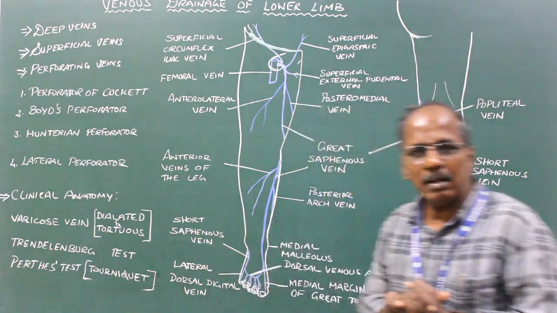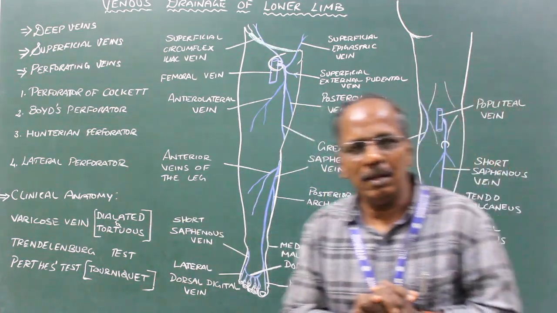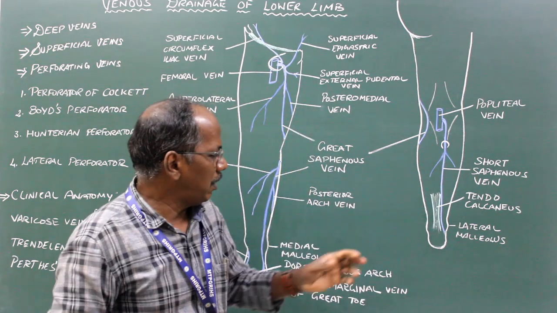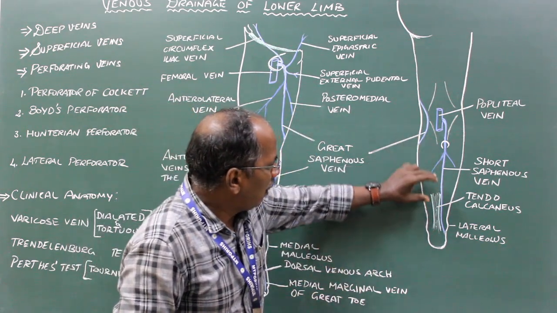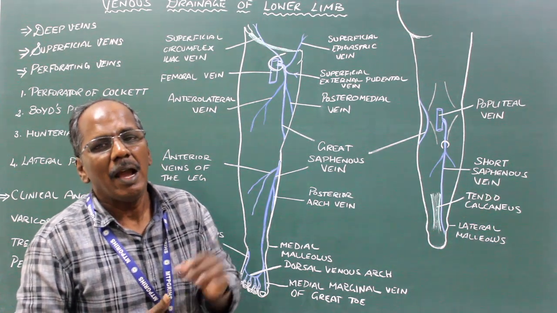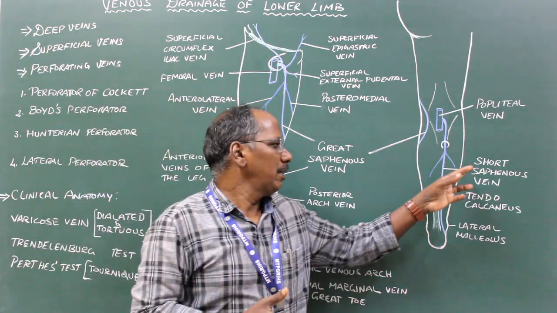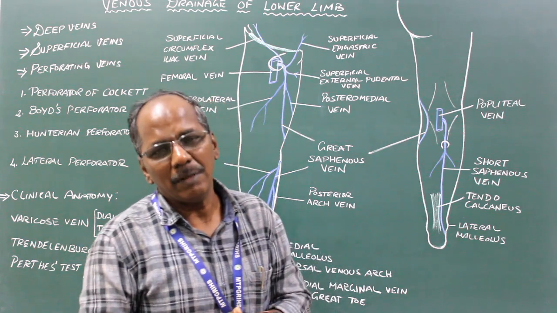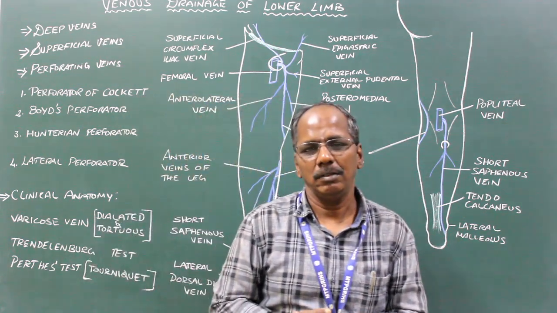Lateral perforator is present at the junction of middle and lower 1/3 of the leg, and it connects the short saphenous vein with the peroneal vein.